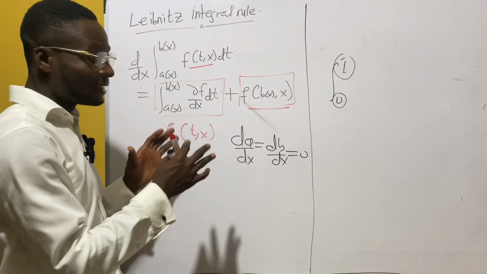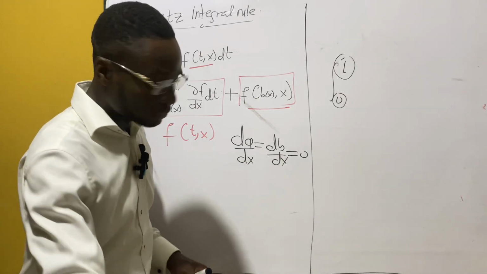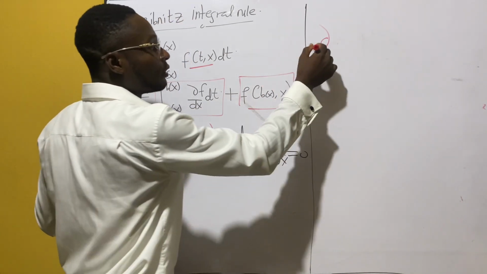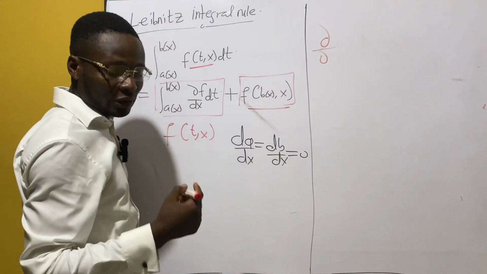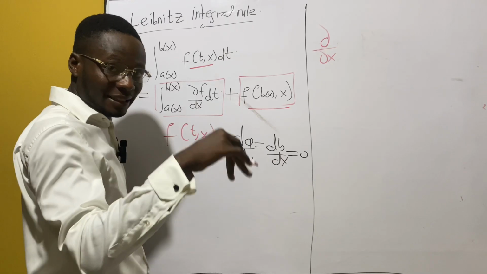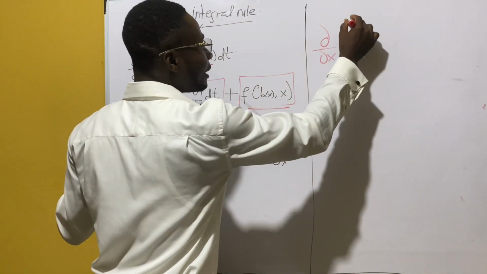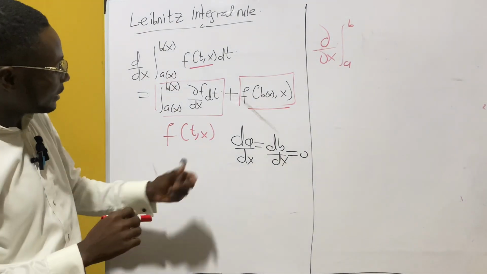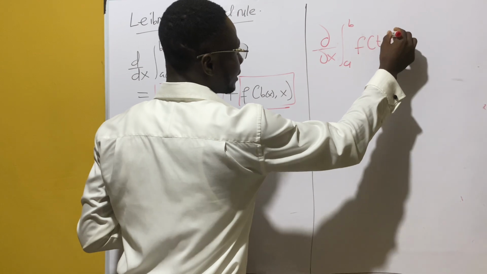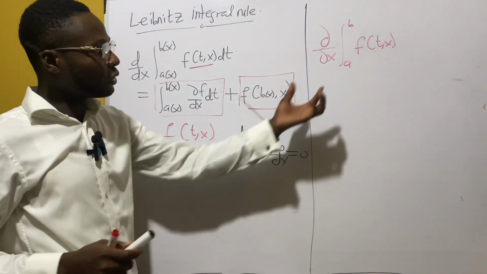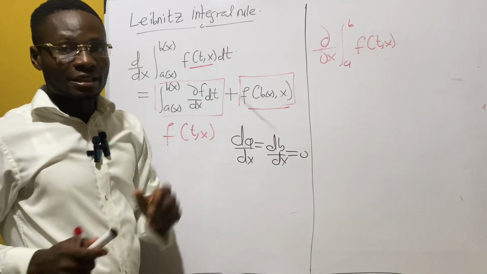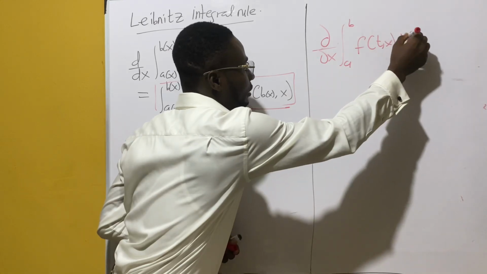So when you simplify those formulas, you're going to have the partial d with respect to x, then you integrate over the limits a and b of the function f of t and x with respect to dt.